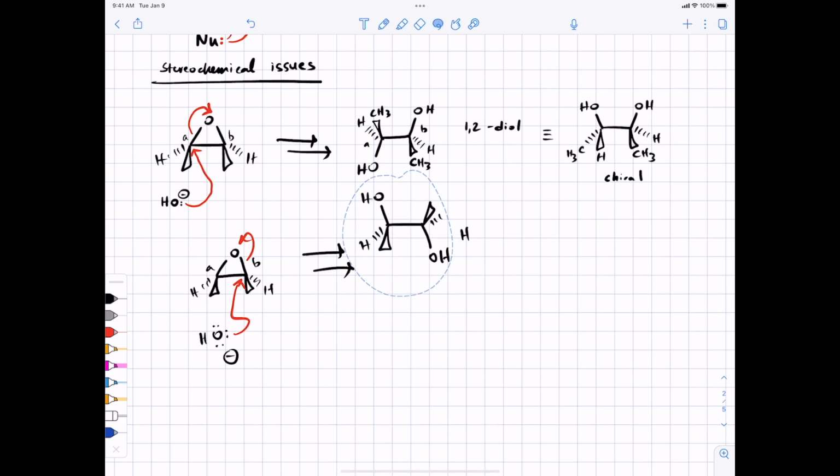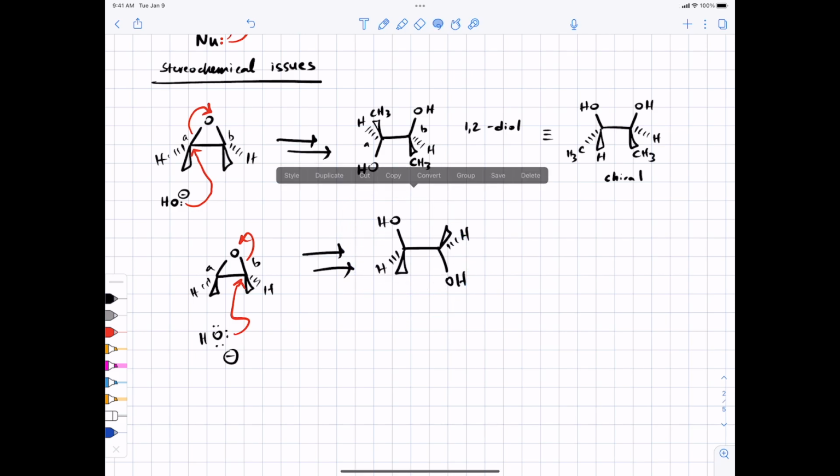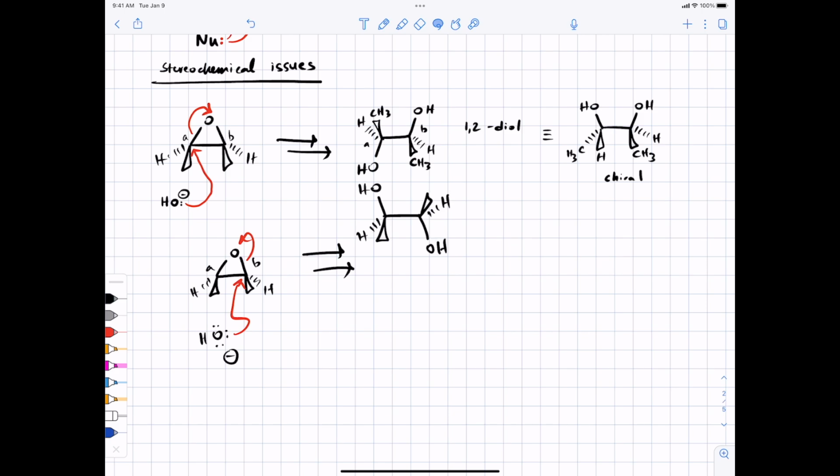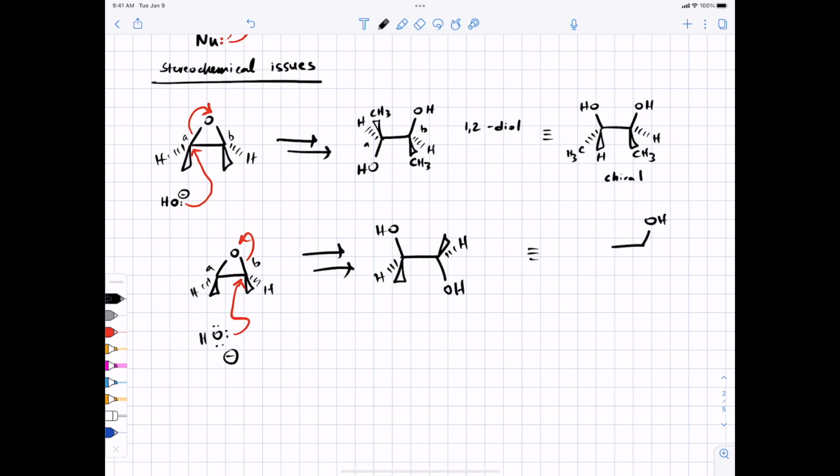Notice that these two are actually mirror images of each other. We can rotate around the carbon-carbon bond to check for the tricky meso compound. And what we would see is this, which we can simplify our drawing up here to get the extraneous stuff away.